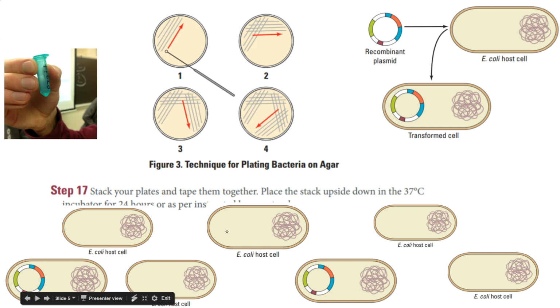So you're still going to have a whole bunch of E. coli that are not transformed. So you are hopefully getting as many transformed bacteria as possible, but even in this heat shocking process, you're still going to have quite a few that did not end up picking up the plasmid.